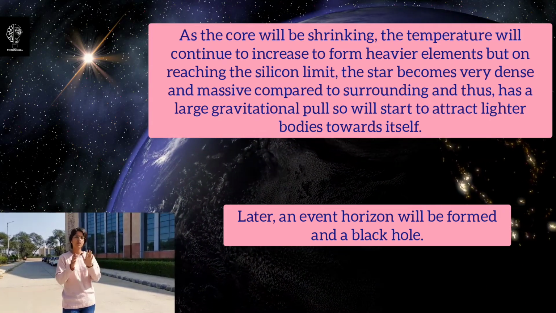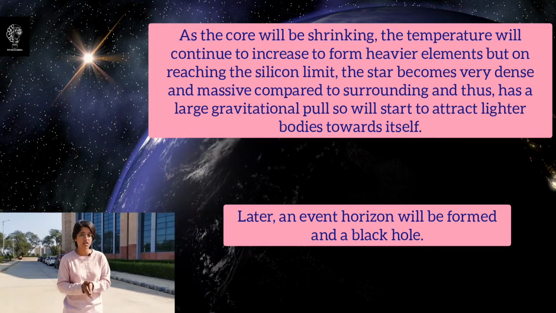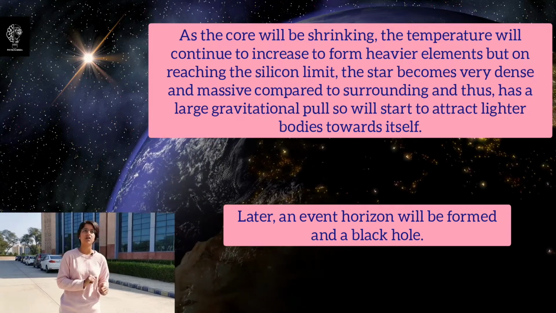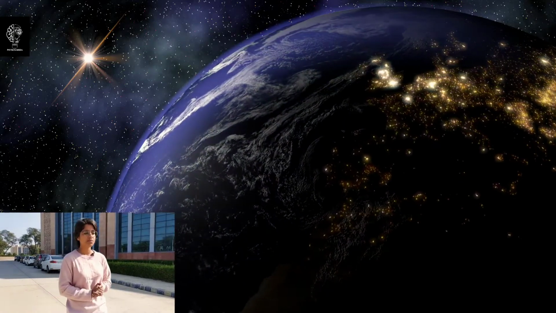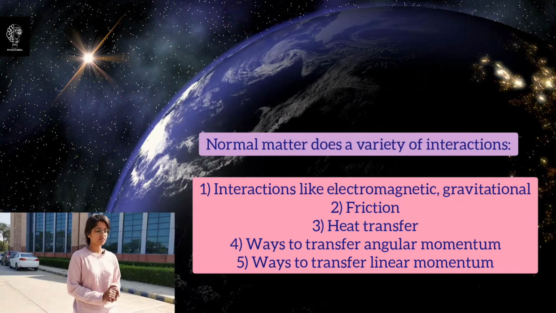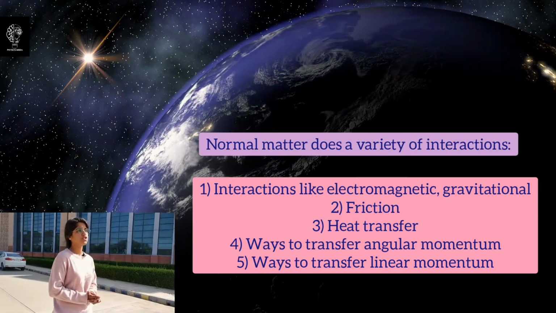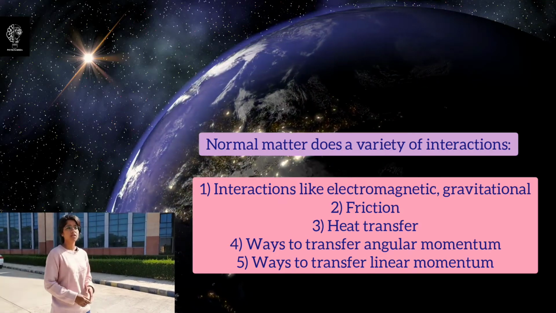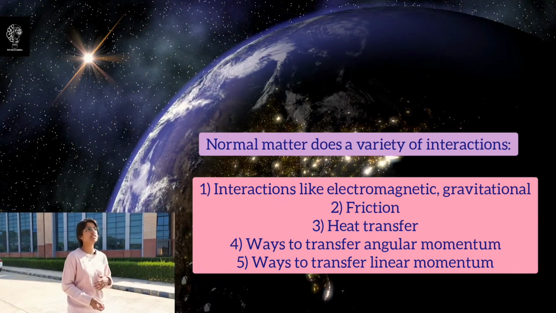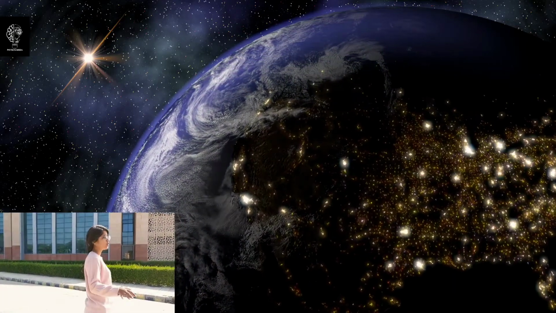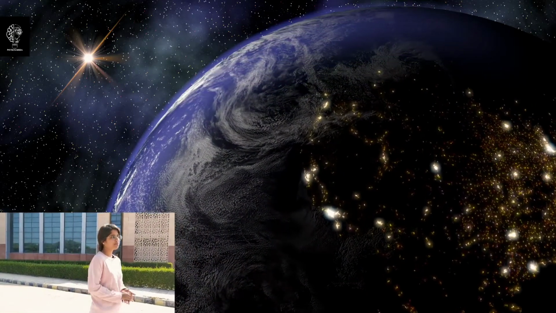Have you ever heard of a dark matter star? Because I haven't. So clearly there is no such thing as a dark matter star. There are several reasons behind that. Normal matter does several kinds of interaction, for example electromagnetic interaction and friction, and there are several ways through which it can transfer angular and linear momenta. No such thing happens with dark matter.